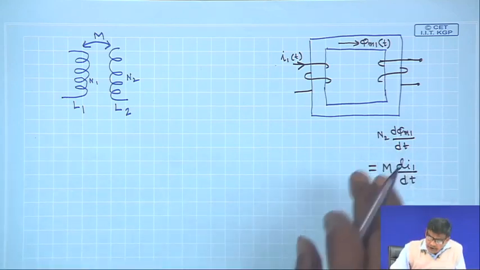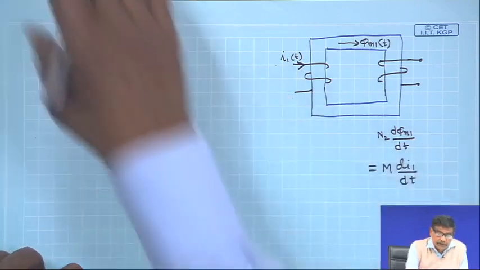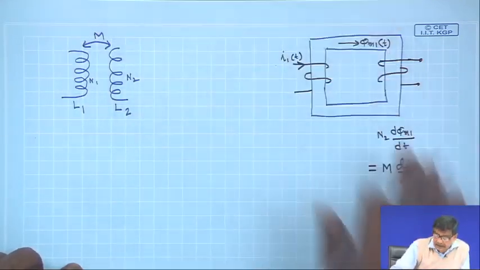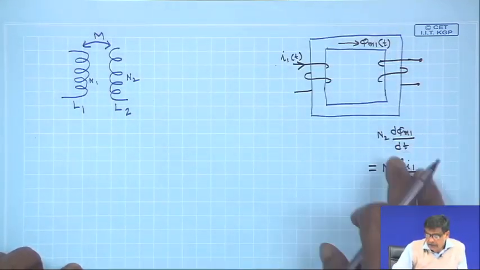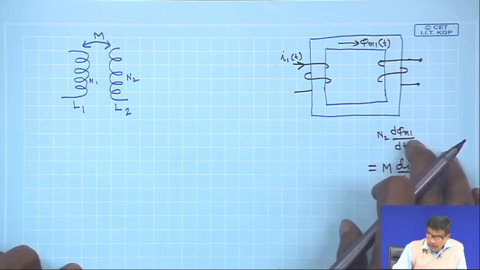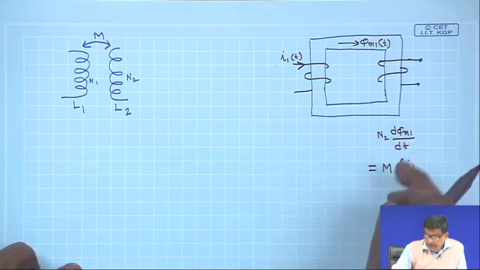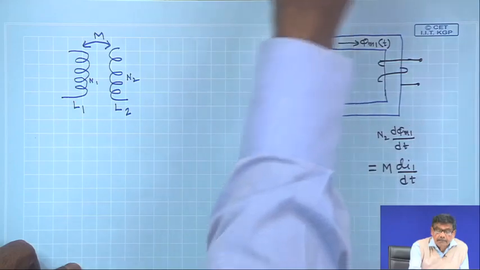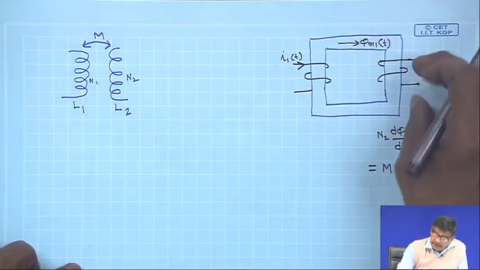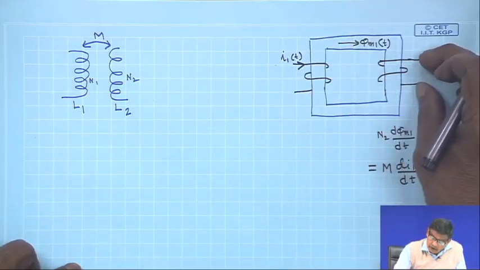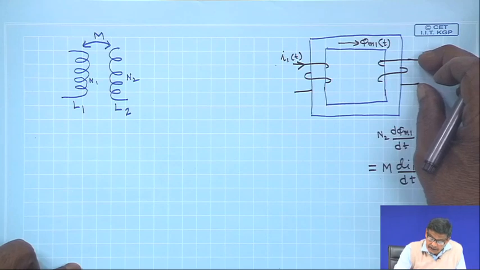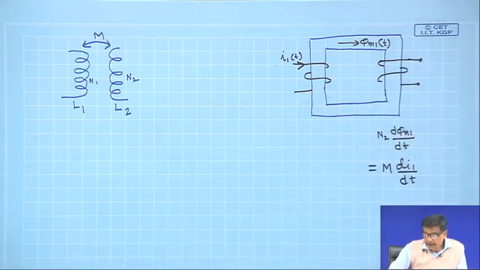I leave it to you to show that, so this is an exercise for you. Try to express phi M1 in terms of phi 1 and whatever M I have defined. So, the voltage induced across the second terminals can also be represented in terms of mutual inductance.